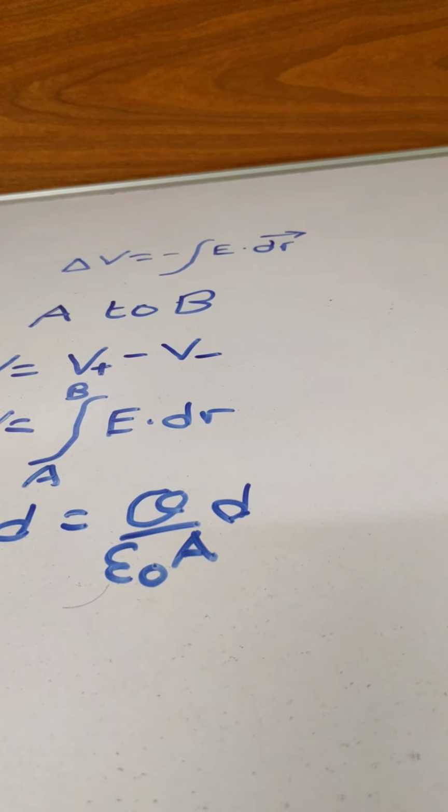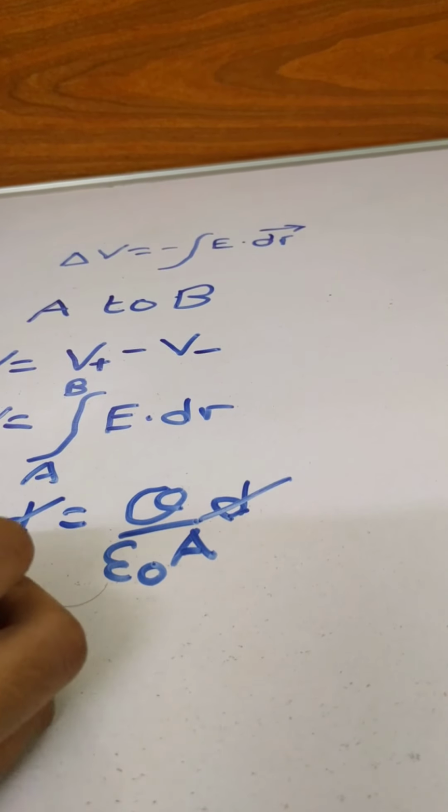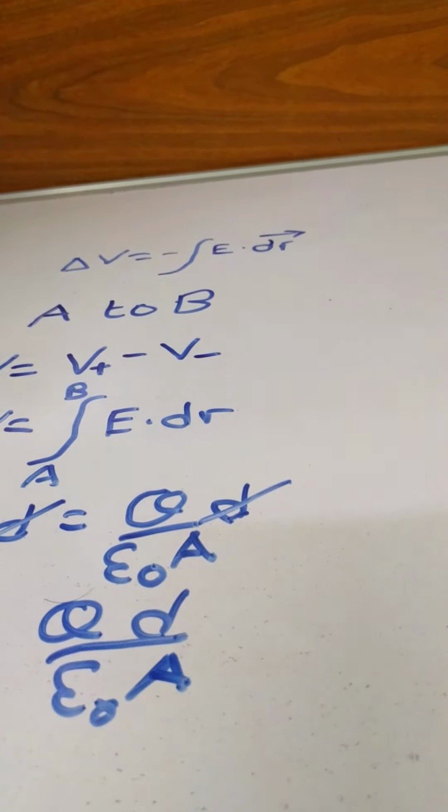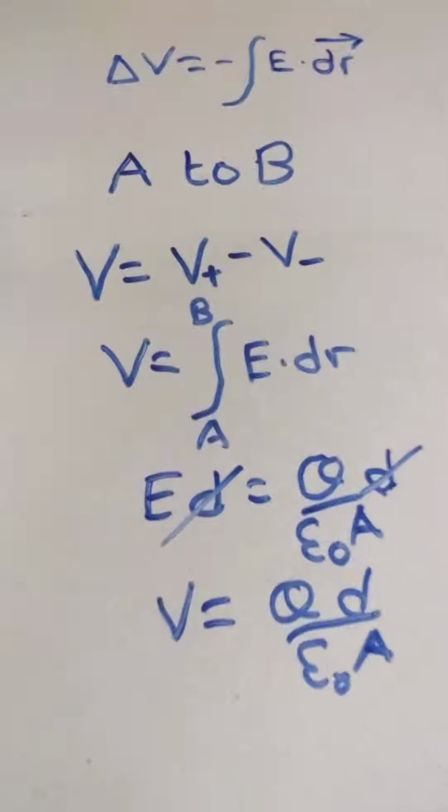Just cancel out D. You will get that, and this is nothing but, always you can see that V equal to Q D by epsilon naught A. Just note it down, this is an important part.